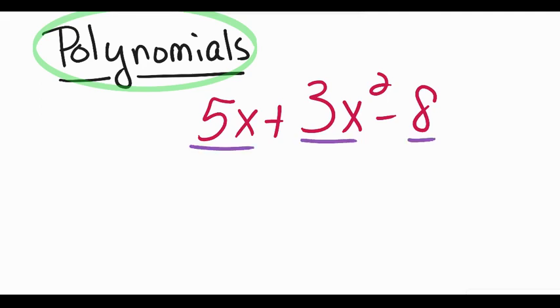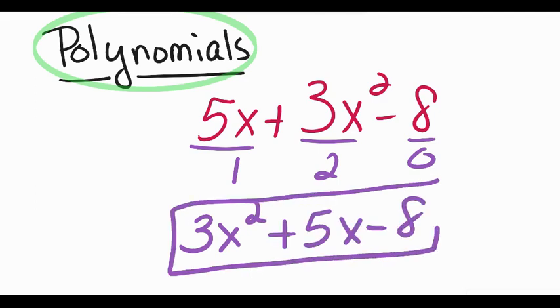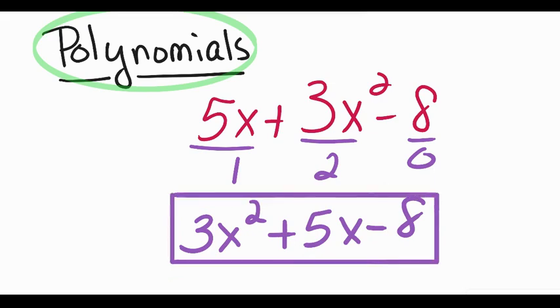The degree of 5x is 1. The degree of 3x squared is 2. And the degree of 8, which is a constant, is 0. Okay, so if I rewrite this in standard form, I would do 3x squared plus 5x minus 8. That is in standard form. And that's how I would write that.